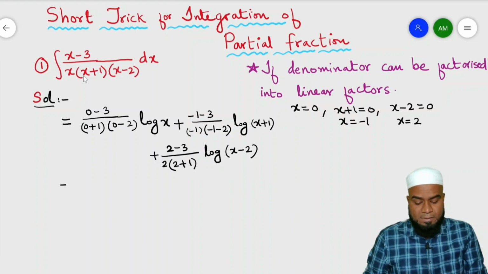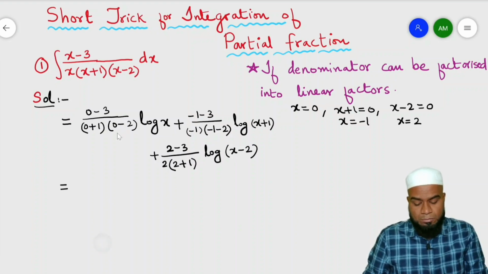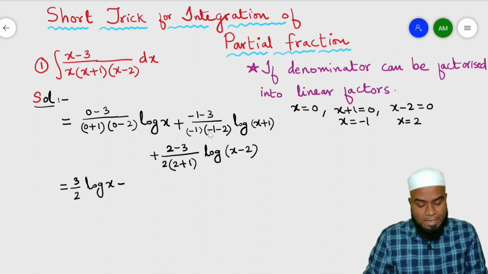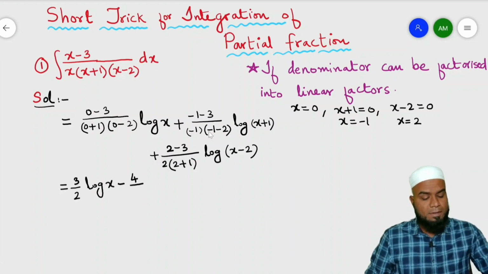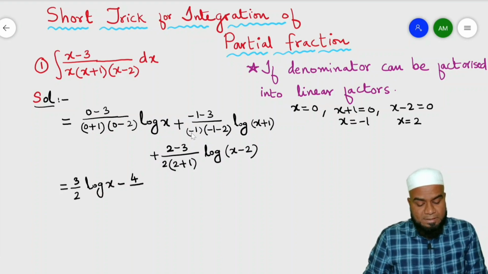Now simplify this. 0 minus 3 is minus 3, and here minus 2 into 1 is minus 2, so 3 by 2 log x. Then in the second term we get minus 4 in the numerator, and minus 3 into minus 1 is plus 3, so minus 4 by 3 log of x plus 1.